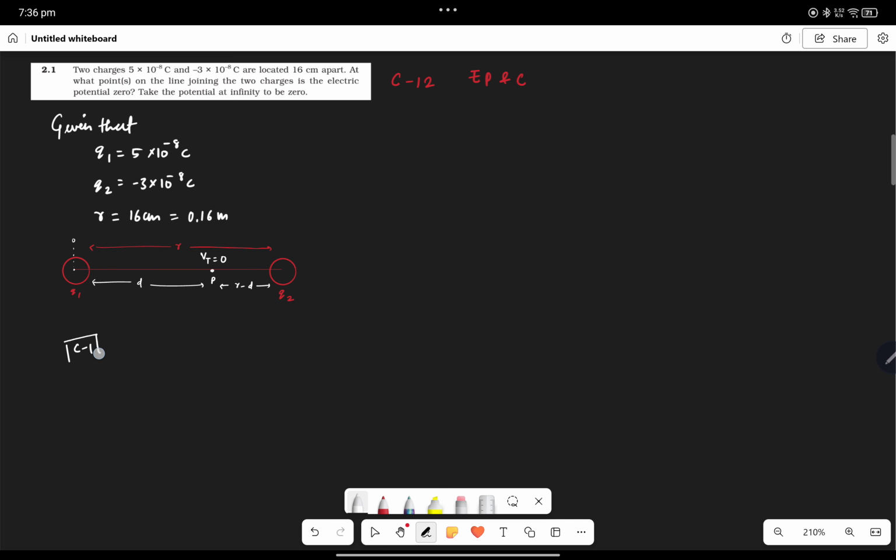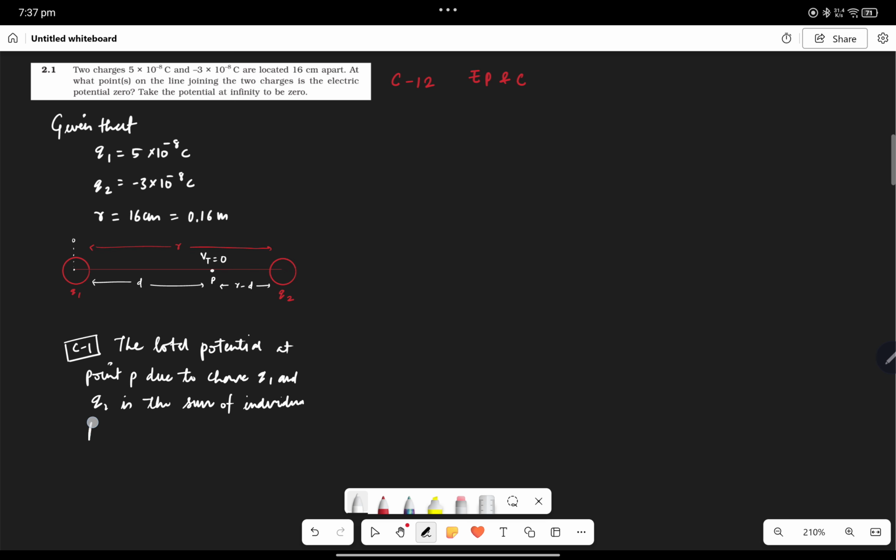The total potential at point P due to charges q1 and q2 is the sum of the individual potentials at the point due to q1 and q2.